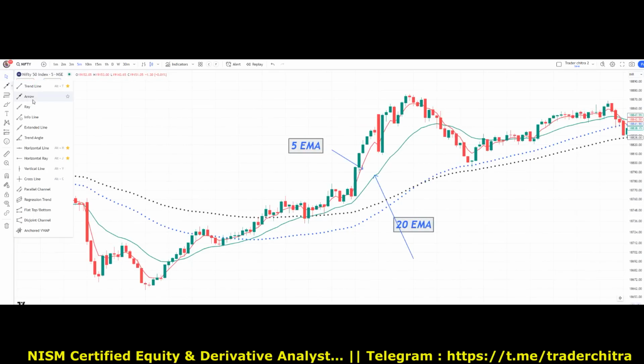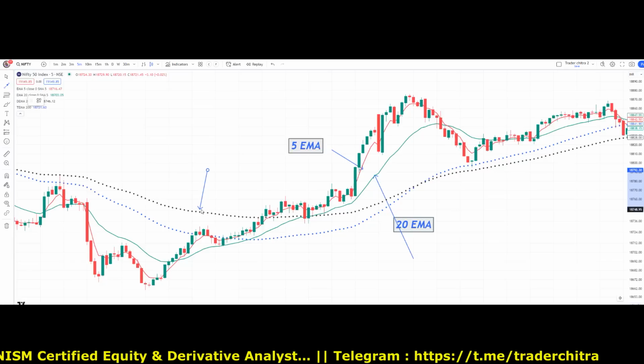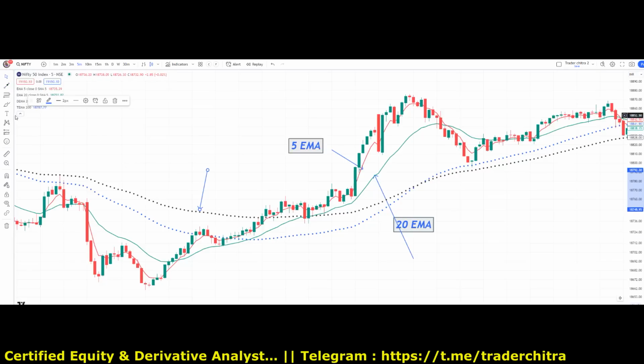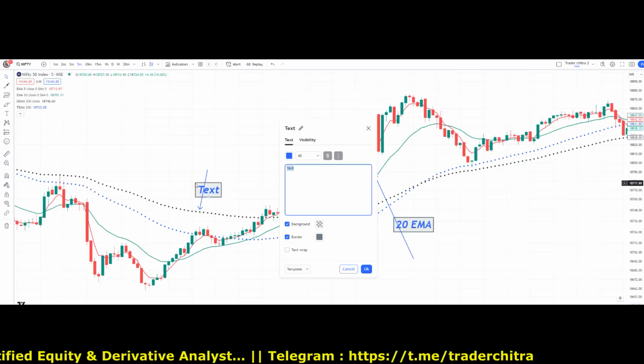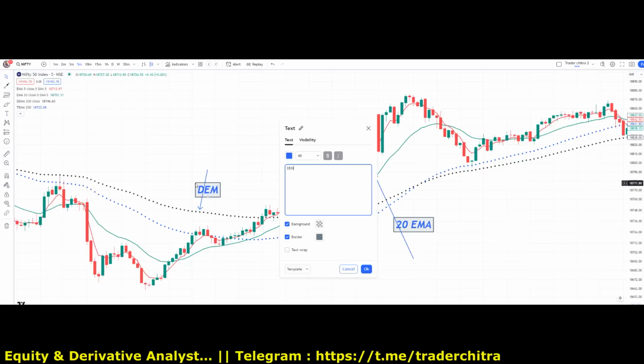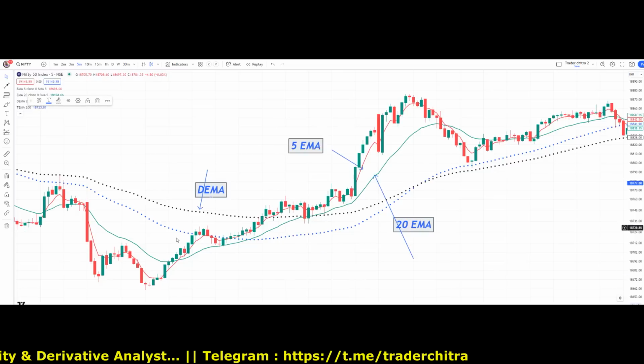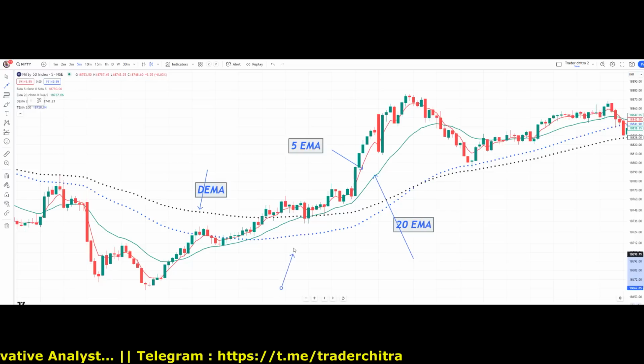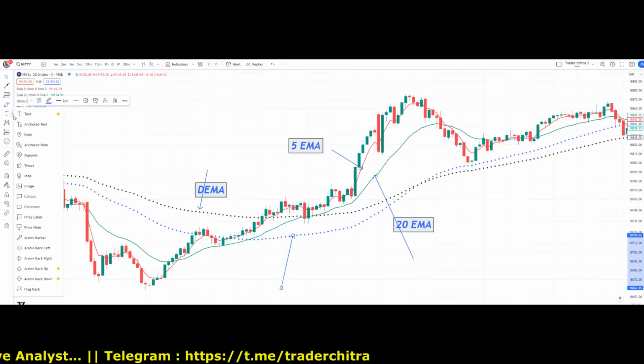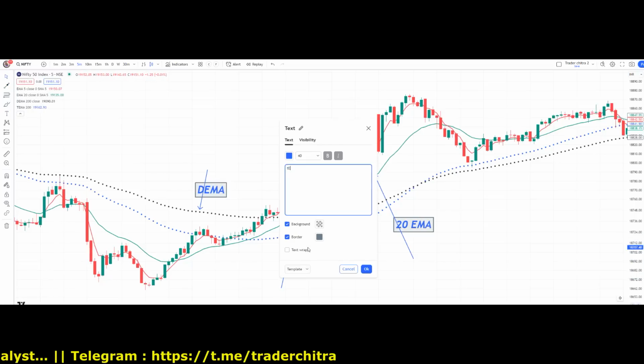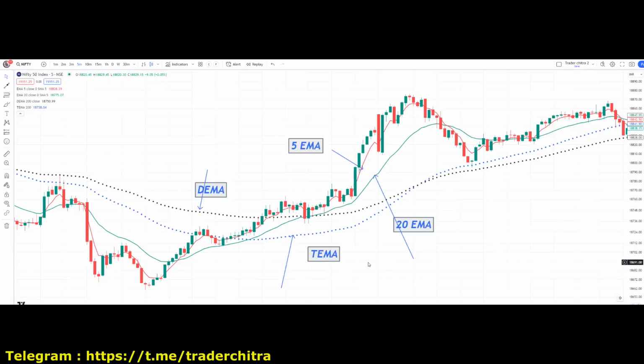So which one is DMA? The black EMA, that is the double EMA. This is DMA. Blue is TMA, that is triple EMA. So we need all these indicators for our strategy.